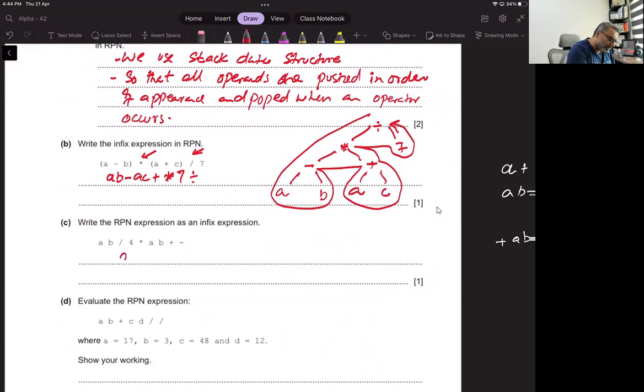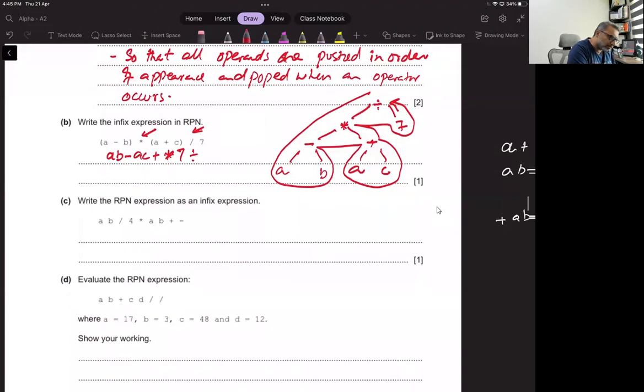So a divided by b. Let's start using a pushed, b pushed. Then we have divide.